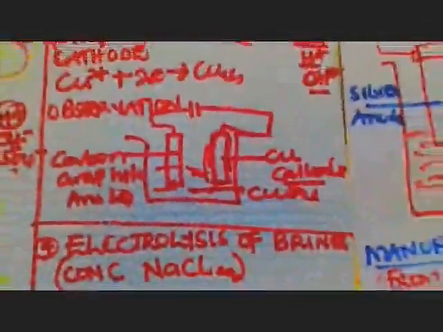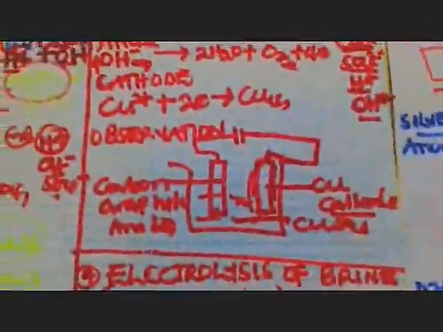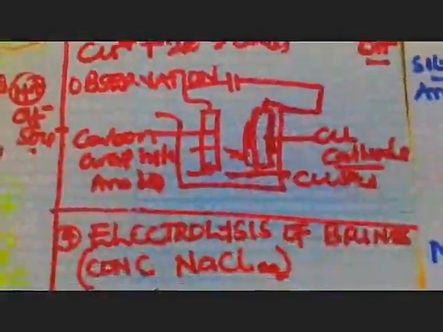So the mass will increase. But this time the copper is not the copper which was dissolving from the anode, as we observed earlier. Here our copper is as a result of the copper 2 ions which are being discharged. So our observation here: the size or the mass of the cathode increases.